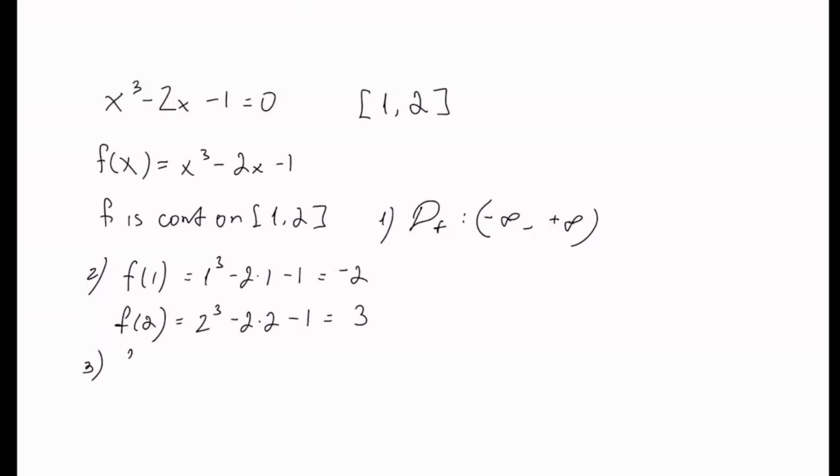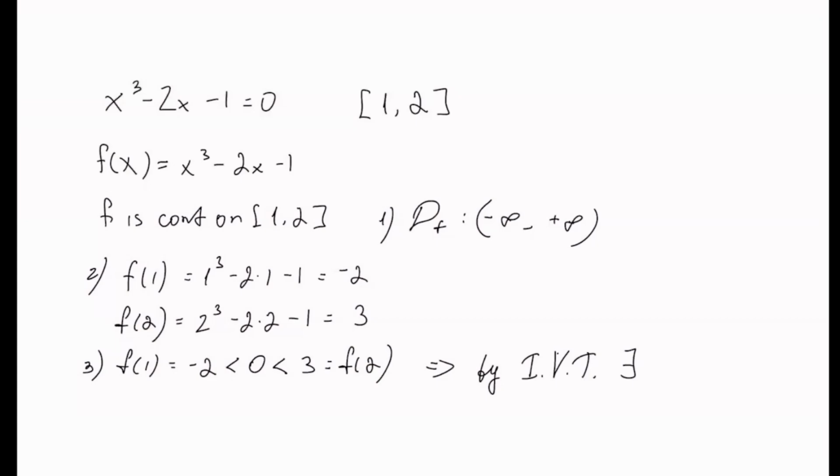Since f of 1 equals negative 2, which is smaller than 0, and 0 is smaller than 3, which is f of 2, and f is continuous on the closed interval from 1 to 2, then by IVT, or intermediate value theorem, we can tell that there exists at least one c in the interval from 1 to 2 such that f of c equals 0.